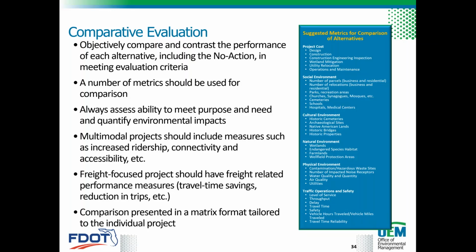The objective of an alternative evaluation matrix is to compare and contrast the performance of each alternative in meeting the evaluation criteria, and to quantify its impact to the natural, social, cultural, and physical environment. And this matrix must include the no-build alternative.